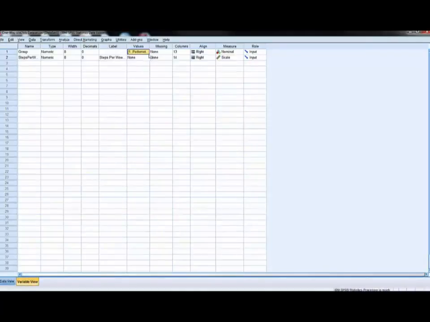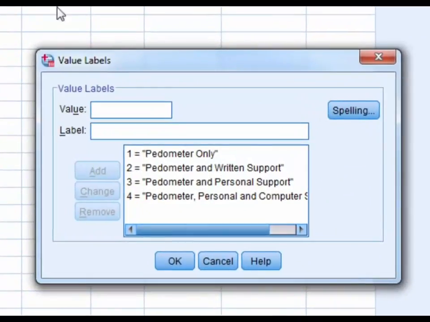Here's our data set for our SPSS example. In the first column, we have the group membership, 1 through 4. In the second column, we have steps taken per week. So if we were to look at the variable view and the values for group, you'll notice that 1 is pedometer only, 2 is pedometer and written support, 3 is pedometer and personal support, and 4 is pedometer, personal support, and computer.